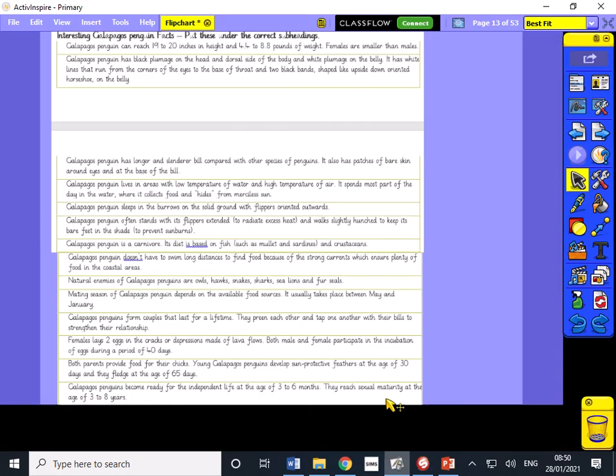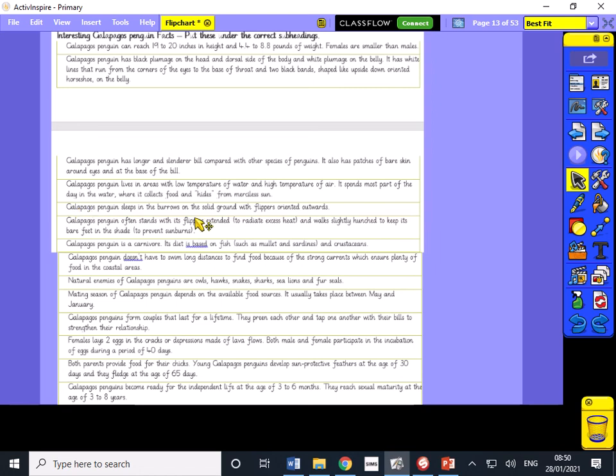Right, so let's go back to this. Let's see if we can find one further down. Now, some of these might not relate to any of your sections. They might not relate to physical characteristics, habitat, behaviour and communication, or feeding habits.